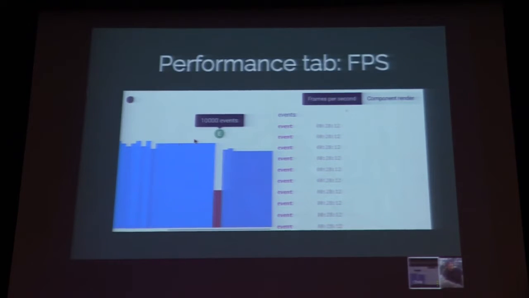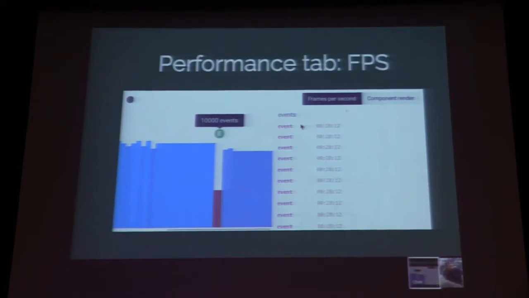The very top is 60 frames per second. And in some cases, like if 10,000 events are emitted at once, you might get a little bit of a slowdown. Now, 10,000 events is an extreme use case, but sometimes you might find an edge case where this is happening in your app, and you can find that it's happening and then fix it.